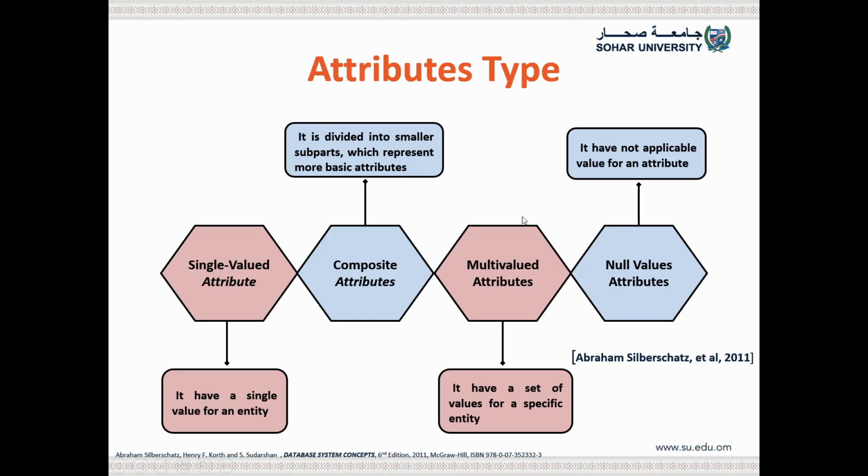Okay, so multi-valued attribute. It means a value that has multiple values, like the student's phone numbers. Maybe I have 2 numbers, one in Ooredoo and one in Omantel. So I have 2 separate numbers, and I can store them inside of the university maybe.